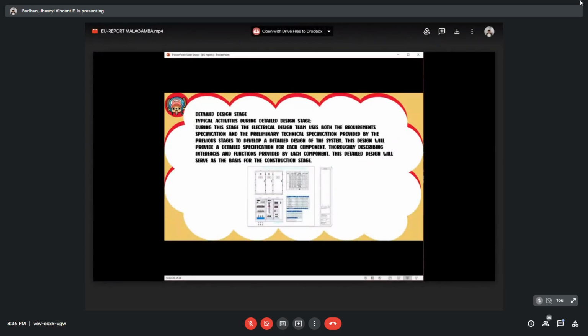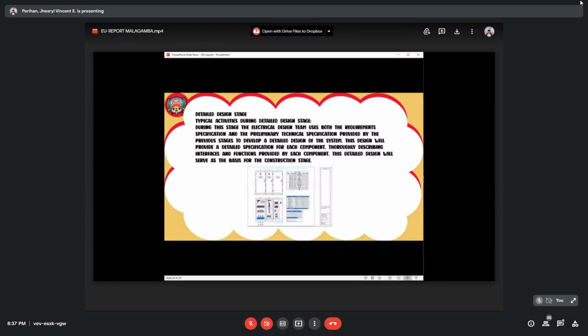During this stage, the electrical design team uses both the requirements specification and the preliminary technical specification provided by the previous stages to develop a detailed design of the system. This system will provide a detailed specification for each component, thoroughly describing interfaces and functions provided by each component. This detailed design will serve as the basis for the construction stage.